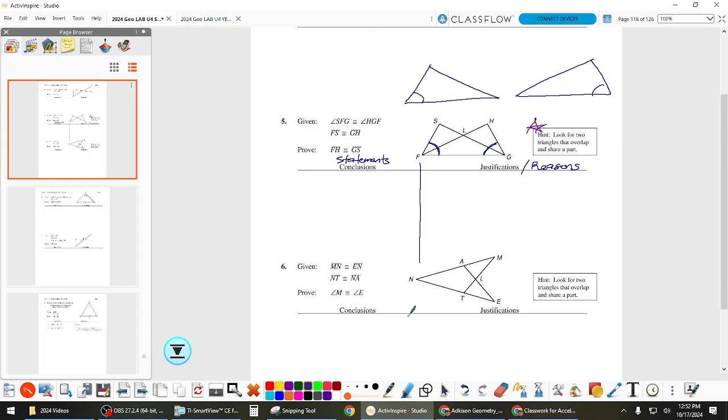It just helps you see it better, okay? And then it tells us FS is congruent to GH. So those two sides, again, in the given figure, it's helpful, but it's a little bit hard to see. But if you put it in the separated picture, it's starting to look a little better.